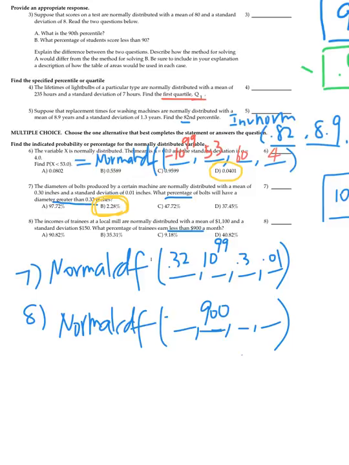We don't have a lower bound, so negative 10 to the 99 is our lower bound. The mean is equal to 1100 and the standard deviation is equal to 150. Input these numbers into the calculator. After calculation, we will get C for number 8.